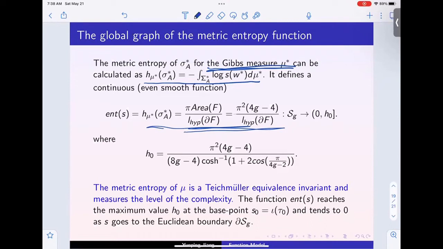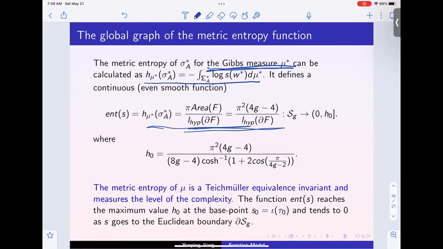As I just said, the meaning of this metric entropy is really to measure the level of complexity. In other words, on the Riemann surface it measures not only how complicated the closed geodesics are, but also how far and how close they are, from the measure point of view.